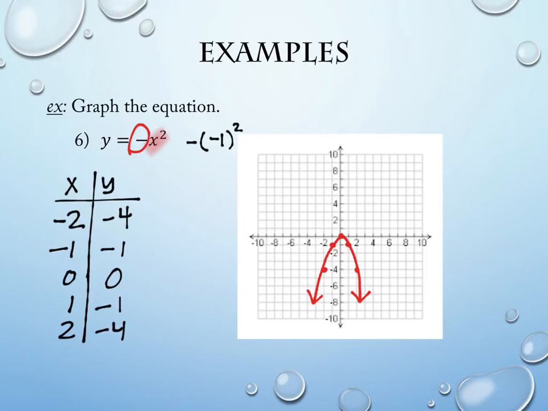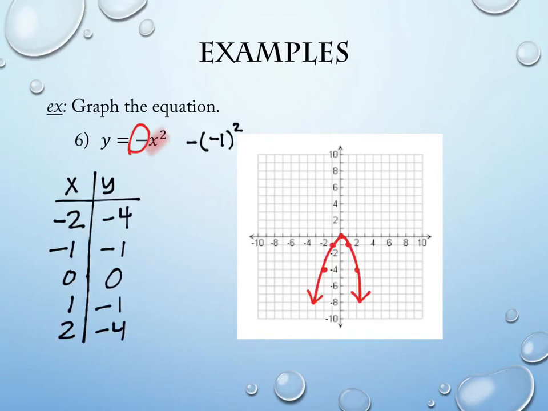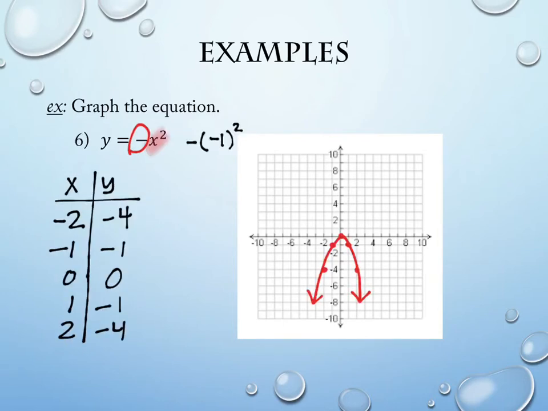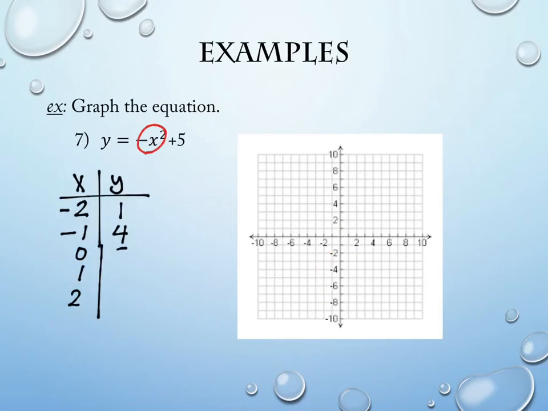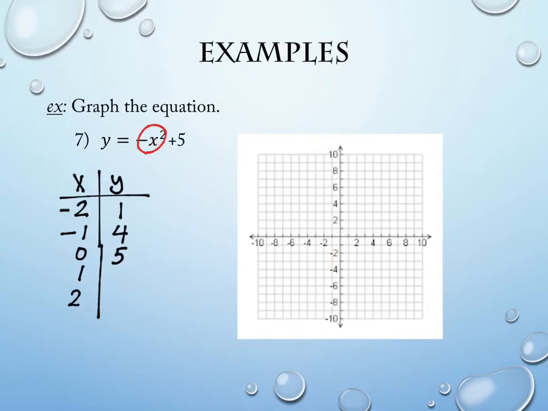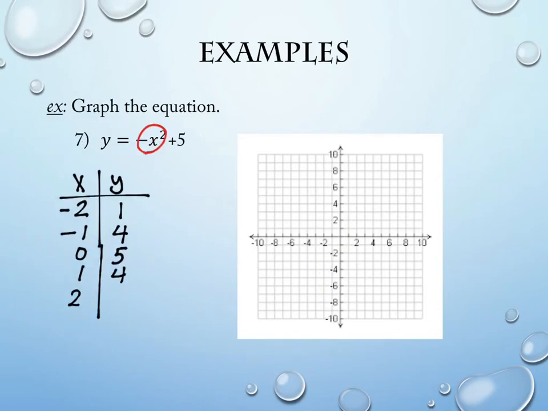On the first one, I had negative 4, and if I add 5, I get positive 1. I had negative 1, and if I add 5, I get 4. I had 0, and if I add 5, I get 5. Negative 1 again gives 4. And then negative 4 gives 1.